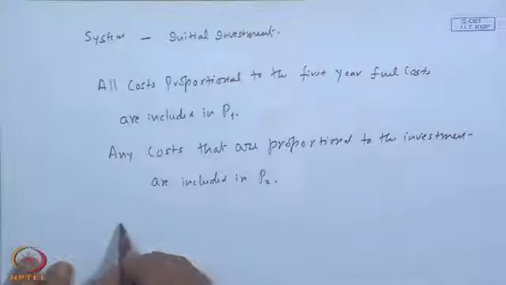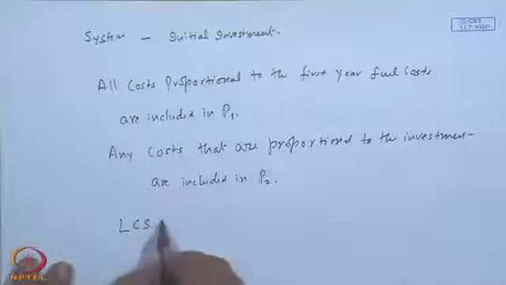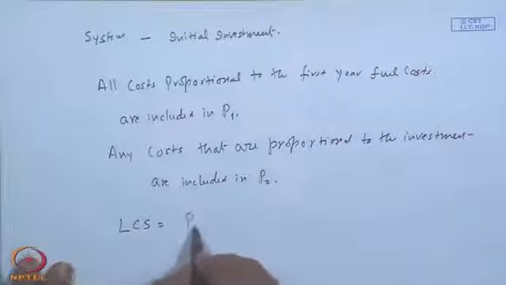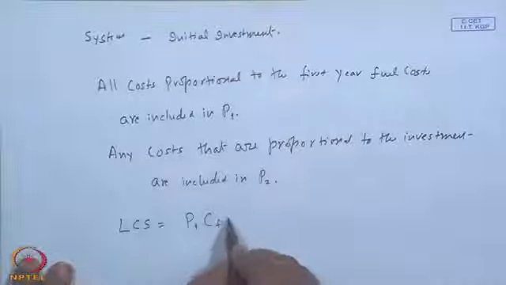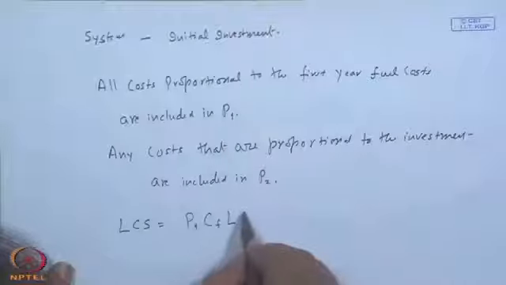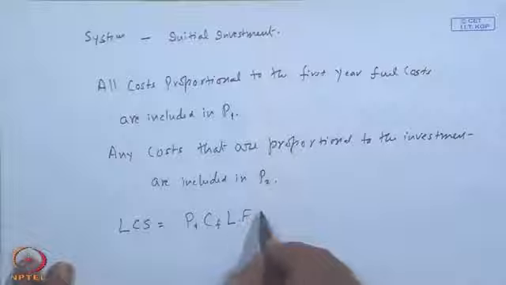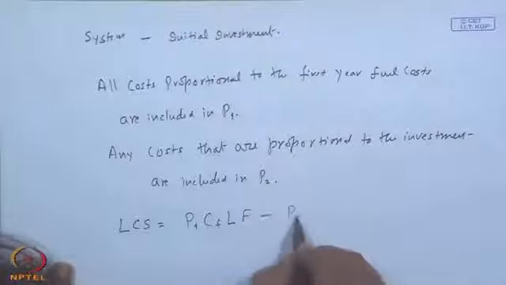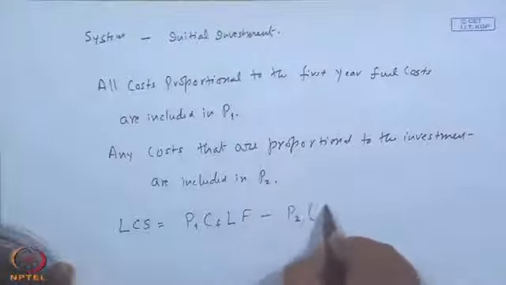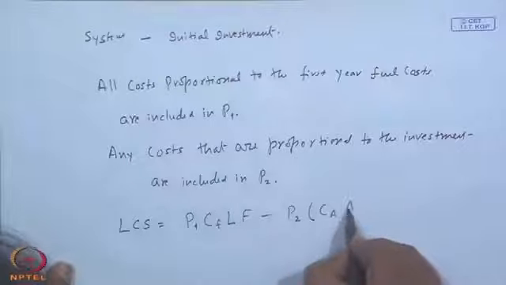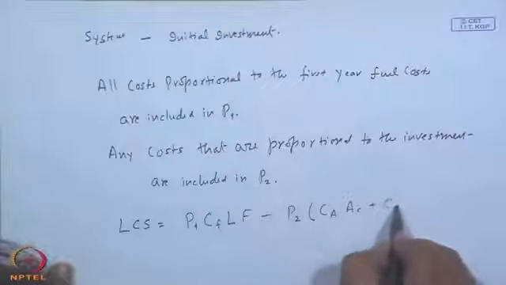So, life cycle savings is simply given by the parameter P1 CF times load and the load fraction F minus P2 times CA AC plus CA.